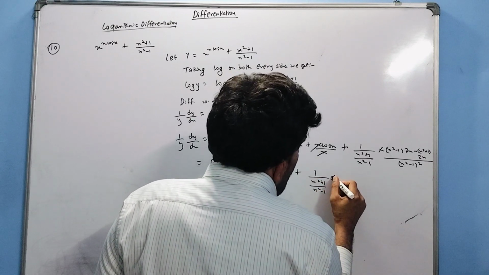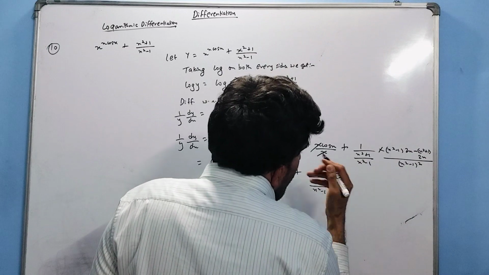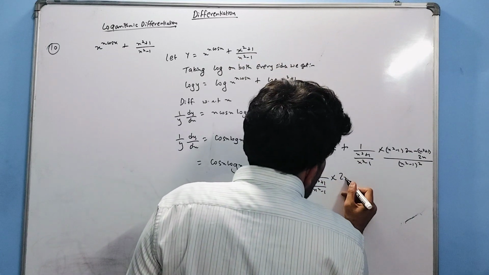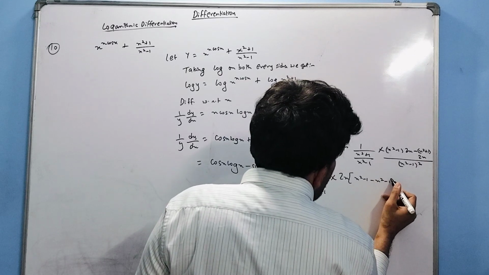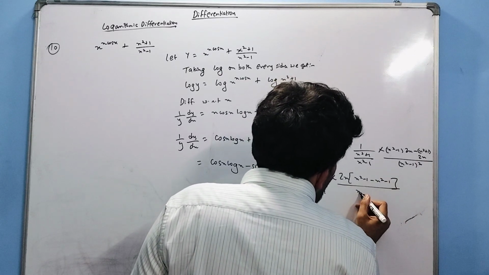If I take 2x common, we have x square minus 1 minus x square minus 1, upon x square minus 1 whole square.